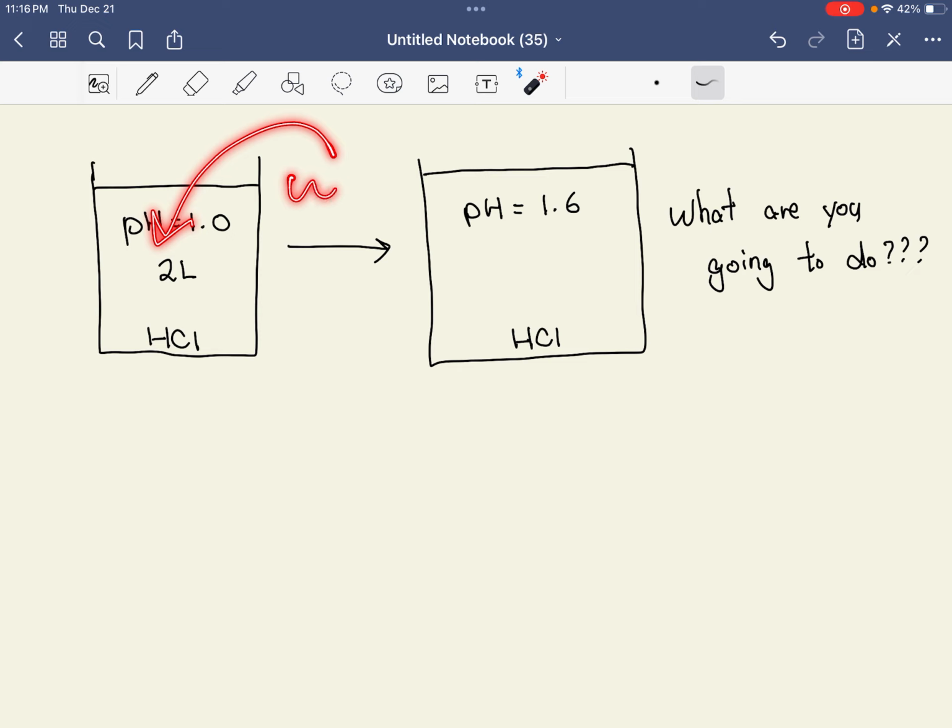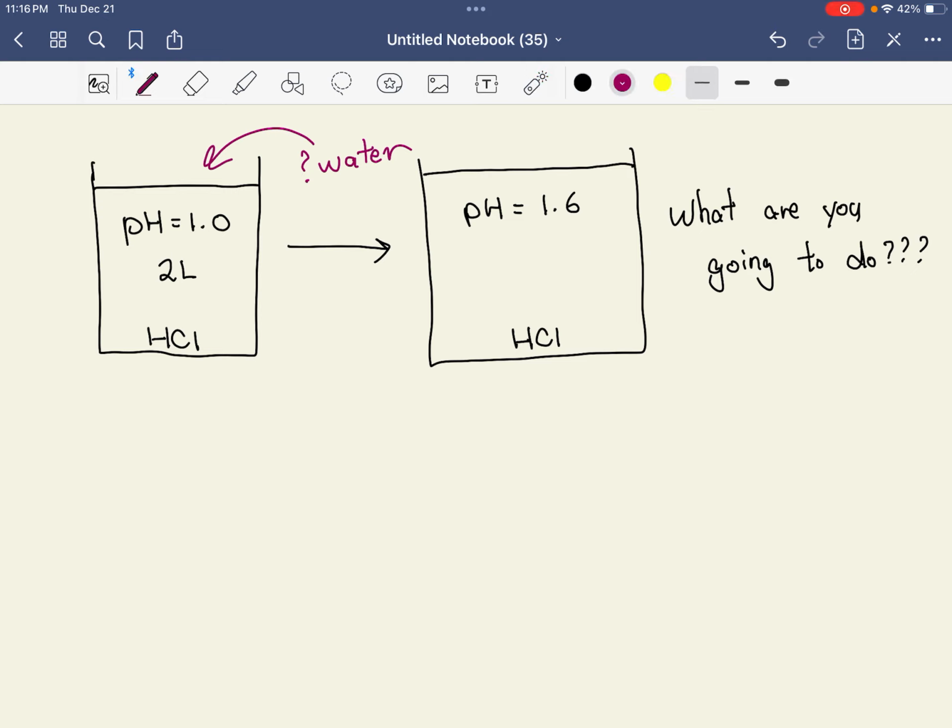You add water to make things less acidic. You're going to dilute it. But of course, the question here is how much water you're going to add to get from here to here. That's a cool question. So since you're adding water, this is nothing more than another dilution question.